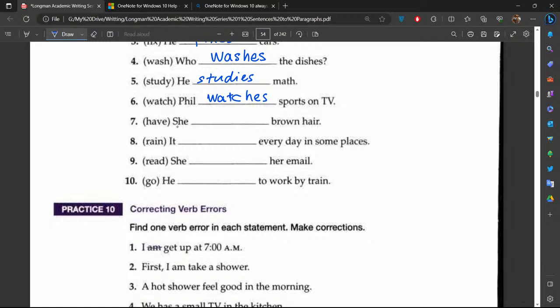For the third person, the form is has. Rain, it rains. She reads her mail, her email. He, and the verb is go, so for third person it is goes.